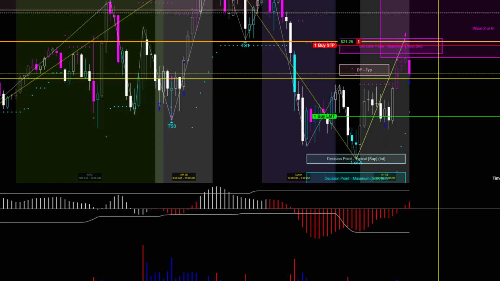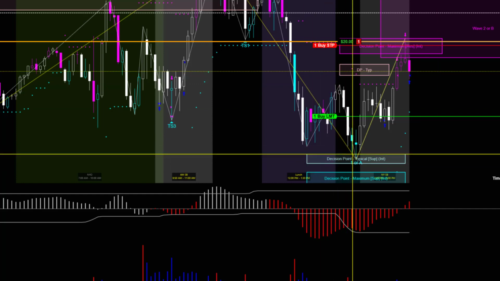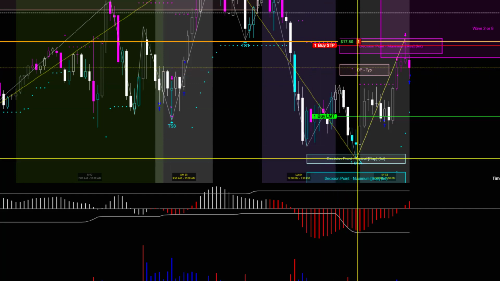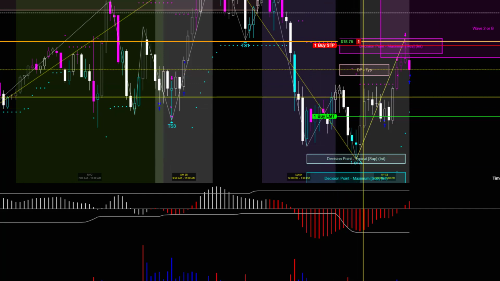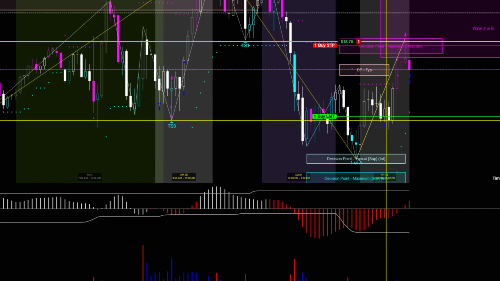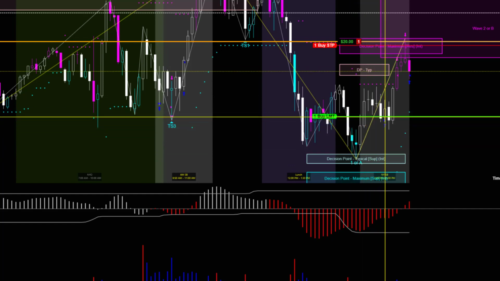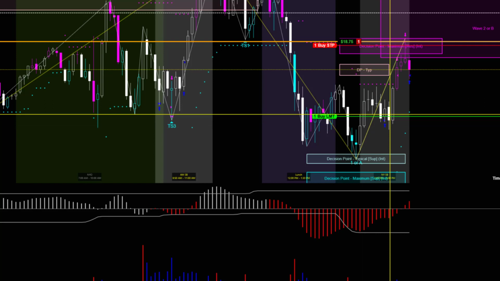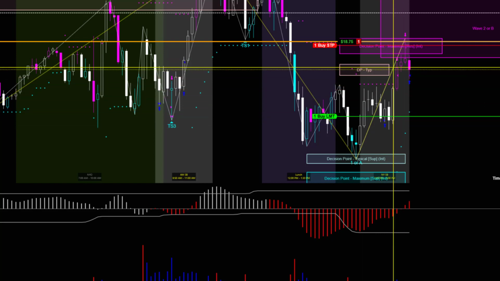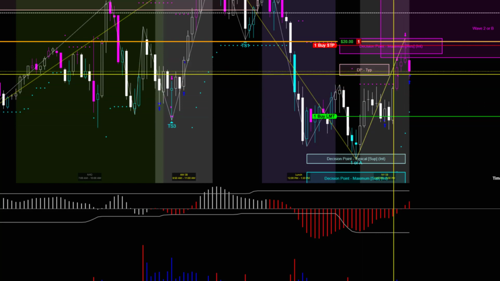So you can see how MT Predictor can really set you up for success. Down here it called almost the exact low, the exact bottom, and then I got in on the pullback as we bounced off that bottom, and that was a good, strong, solid trade. Got out up here at my first decision point, typical, on the first round of contracts.